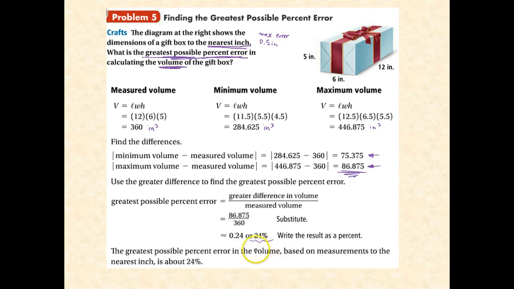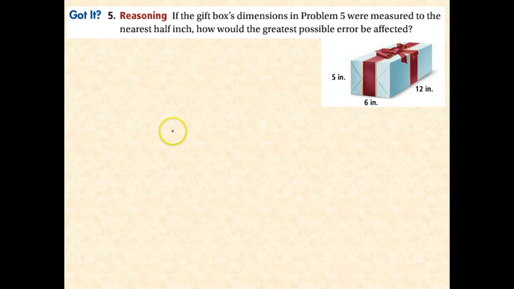So the greatest possible percent error, if we made the worst measurements possible, would be about 24%. So pause and see if you can do this. I'm telling you, the finish line is real close.